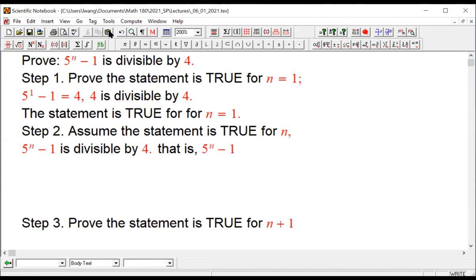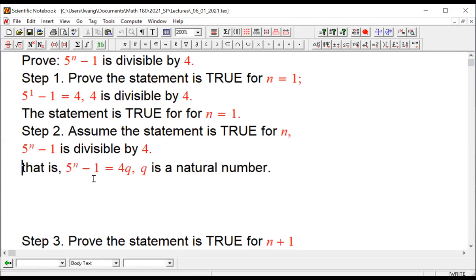If it's divisible by 4, that means it is equal to 4 times q, and q is a natural number. I don't know what it is, I don't care what it is. I just know it is a natural number. We don't have to know. You follow me? This is true, and we're going to use this.